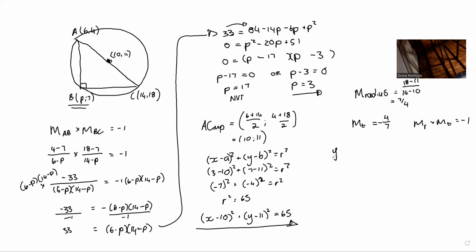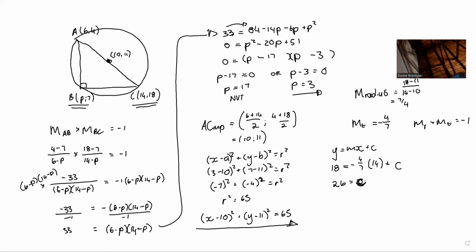So now we can substitute it into our straight line formula. So we can say y is 18, and I decided to use 18 as C is on that straight line, equals to my gradient, that is now -4 over 7, multiplied by 14 plus C. Then I can just work it out, and I'm going to get C is equal to 26.